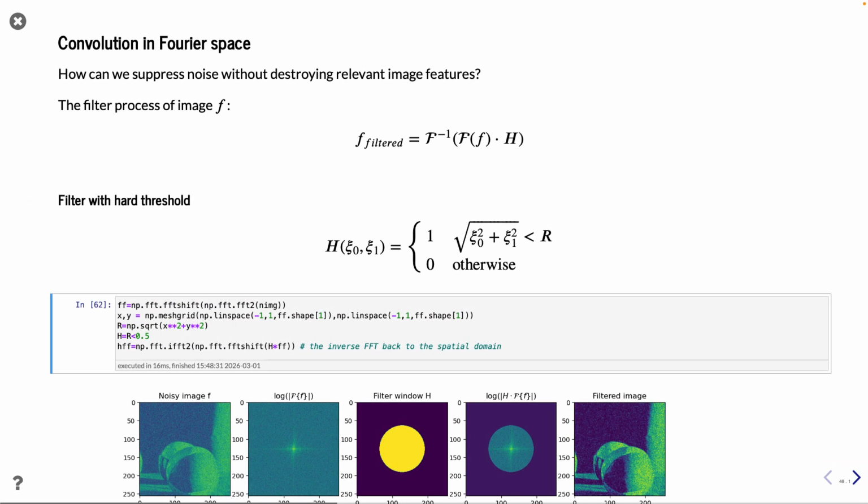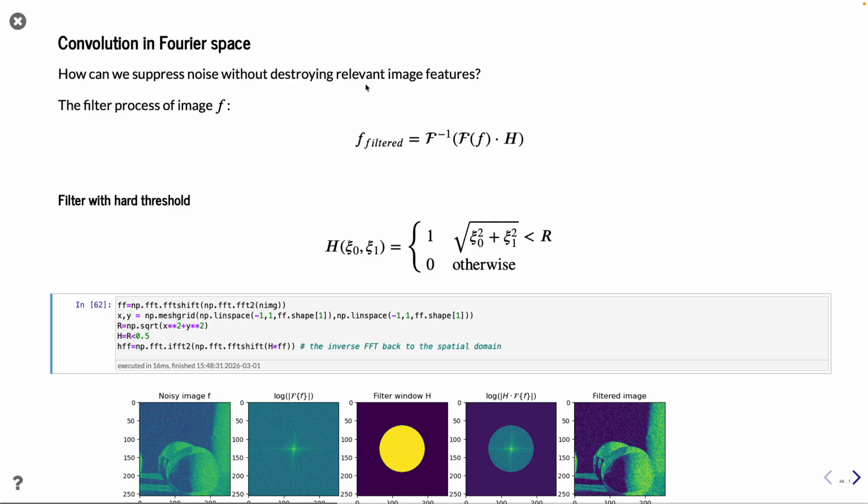For that, first of all, we have to define the filtering process. The filtered image is, in principle, the Fourier transform of the image times the Fourier transform of the filter kernel. Then we do the inverse Fourier transform of this product, and we have our filtered image.